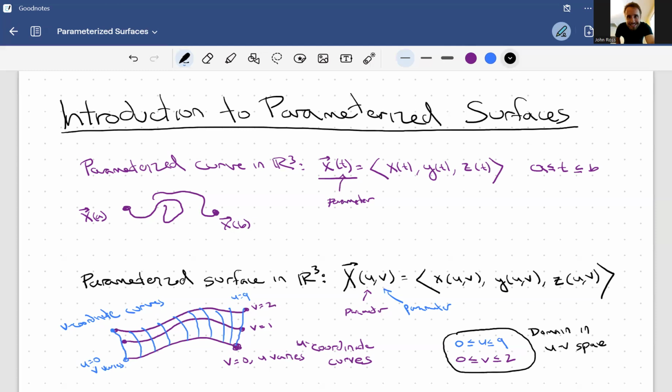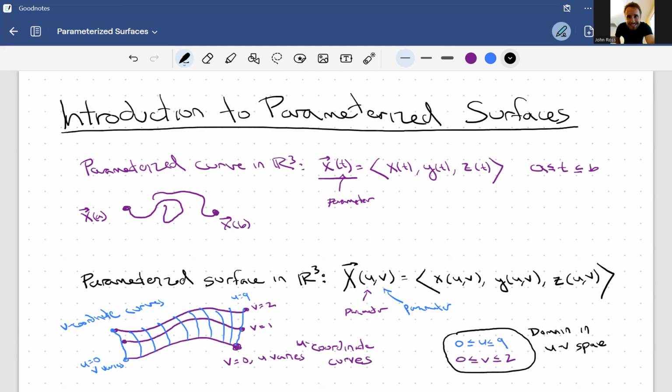So in this case, it is the rectangle 0 to 9 cross 0 to 2, but you could imagine some other theoretical domains as well. And so this gives us a surface, and we can imagine the surface as being stitched together by these different parameterized coordinate curves.